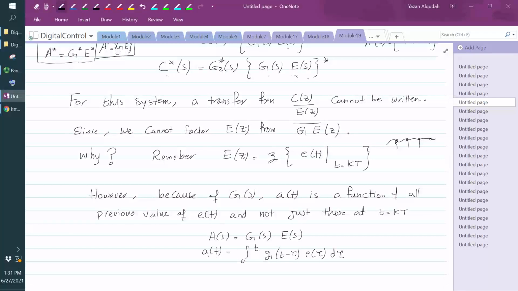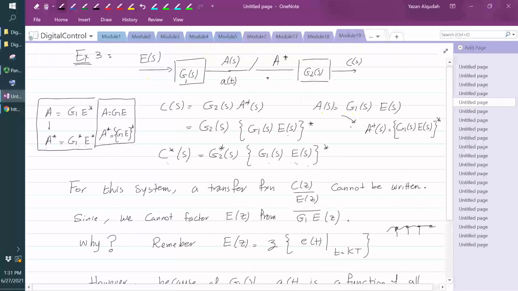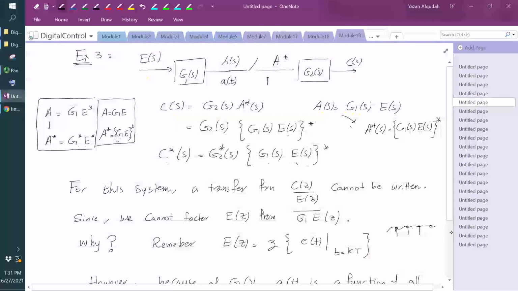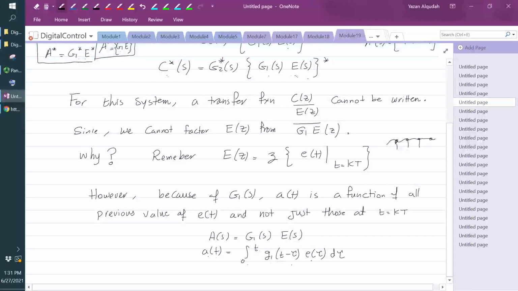That means every time I take a sample of the signal A, this sample comes not only from E at that time, it comes from E at that time and all the other previous times. Why? Because I have this integration here. I have to integrate from 0 to T of E of tau d tau. Does that make sense? Okay, so let me repeat it again.